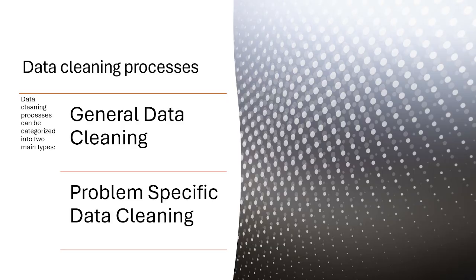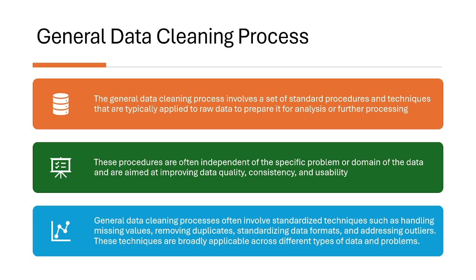Data cleaning processes can be categorized into two main types. We have the general data cleaning process and the problem-specific data cleaning process. So what is the general data cleaning process? The general data cleaning process involves a set of standard procedures and techniques that are typically applied to raw data to prepare it for analysis or further processing.